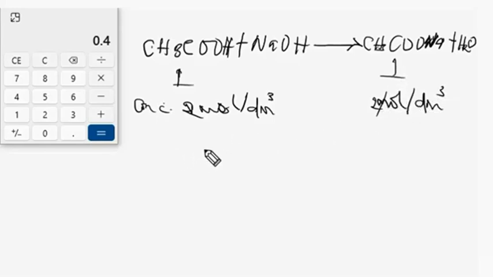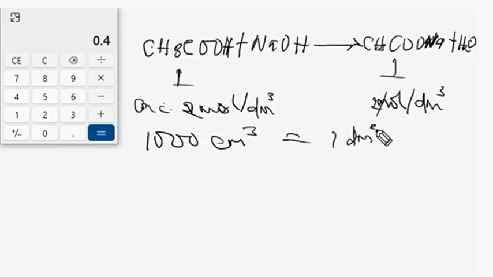So with this, we know that the volume given to us here is in cm cube, but then we know that 1000 cm cube is equal to 1 dm cube.